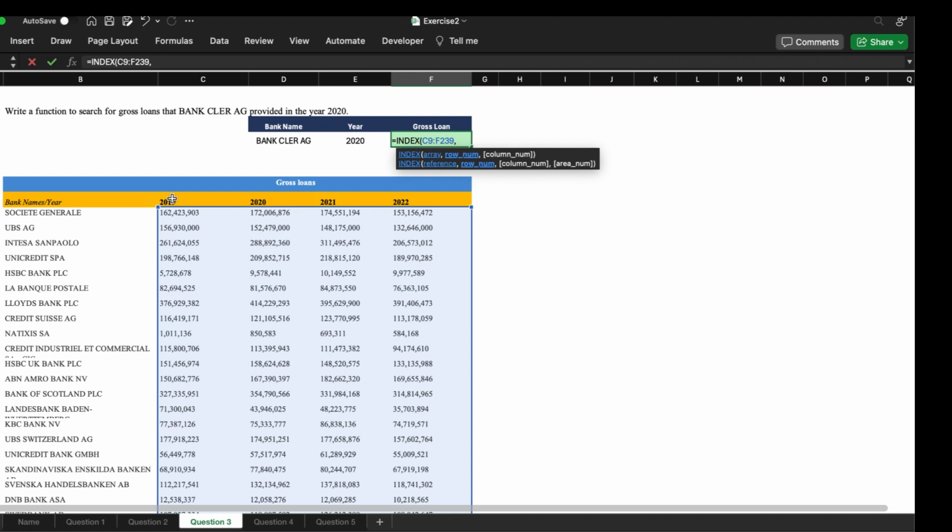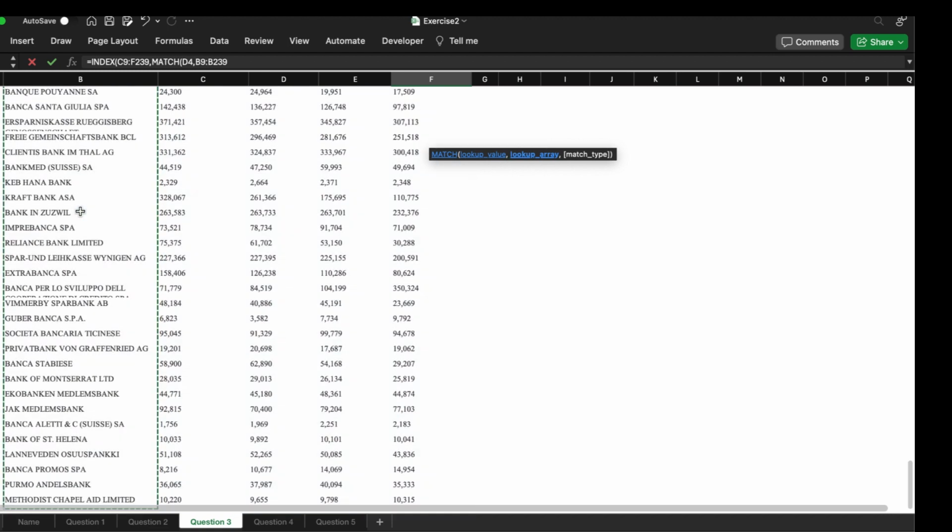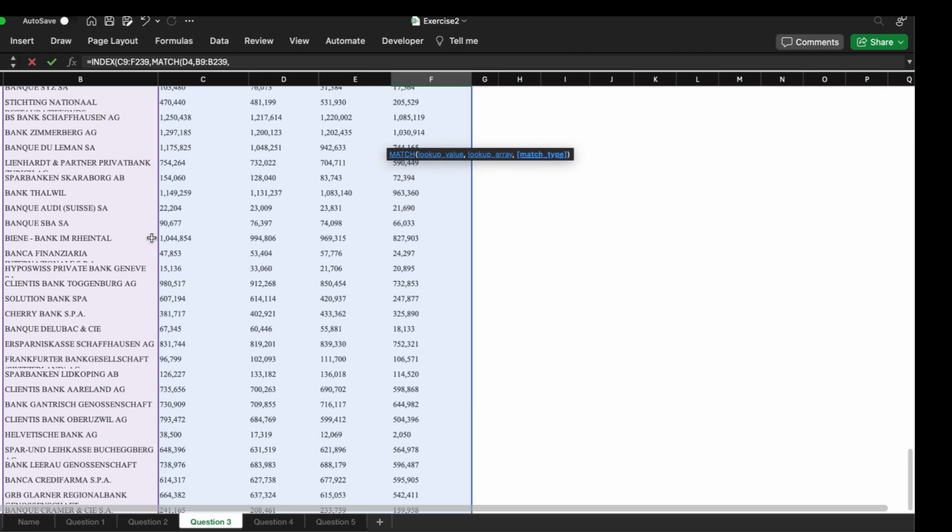And the next is to use the MATCH. The lookup value is the name of the bank, and the lookup array is where the bank name can be found.